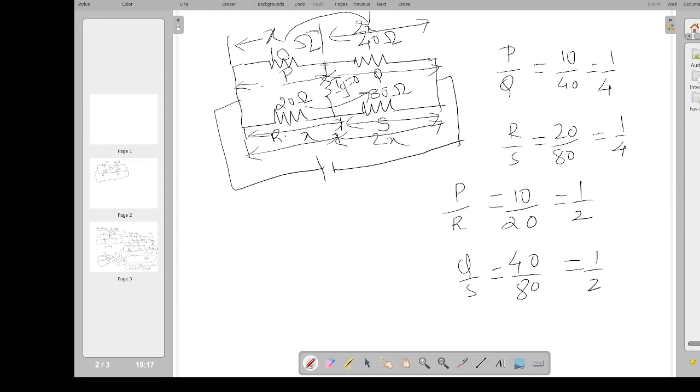So due to this, the potential drop across resistor P and the potential drop across resistor R are equal. So now what will happen? The potential at Va must be equal to the potential at Vb.